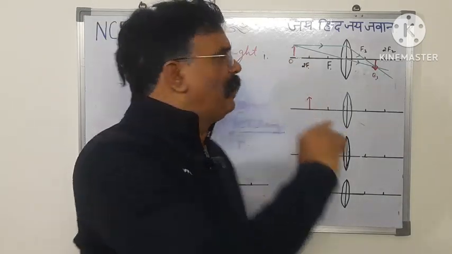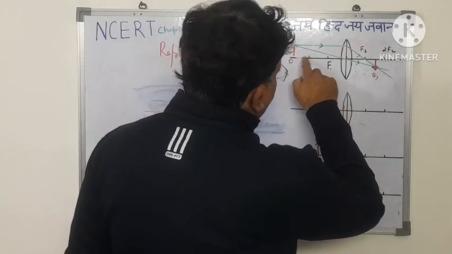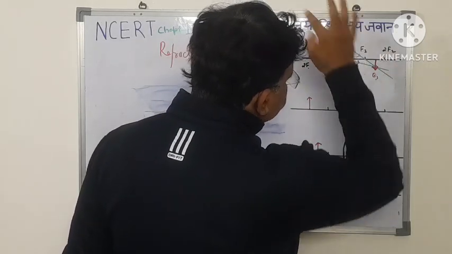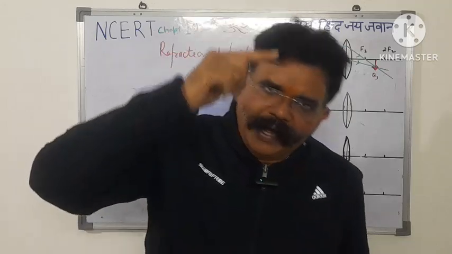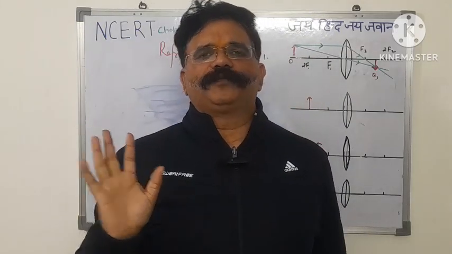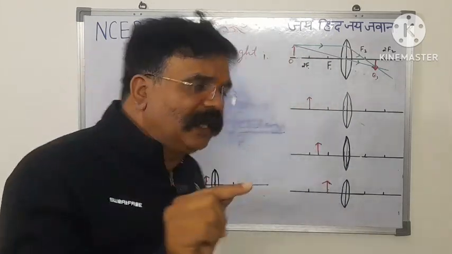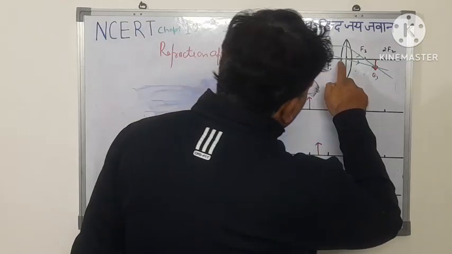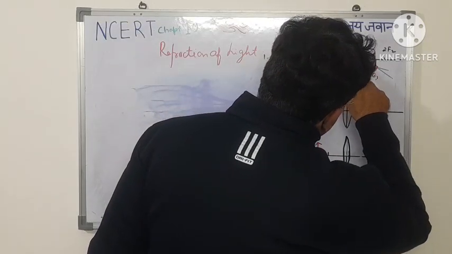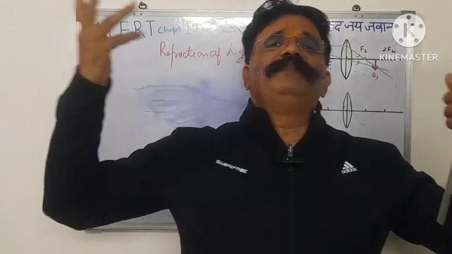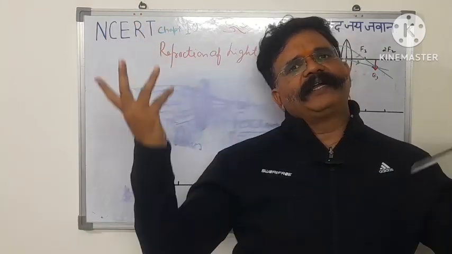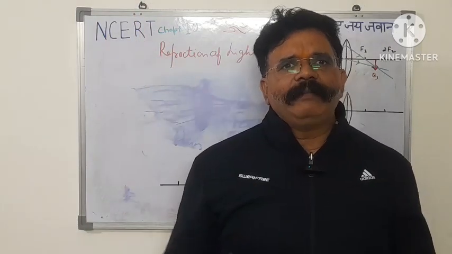Whatever pattern I try to make you understand, it is the same pattern of passing of the rays. One ray is to be made parallel to the axis, and that ray has to pass through the focus point only, and the other ray is to be made to pass through the optical center. Let us see where they meet. Wherever they meet, they will make an image.